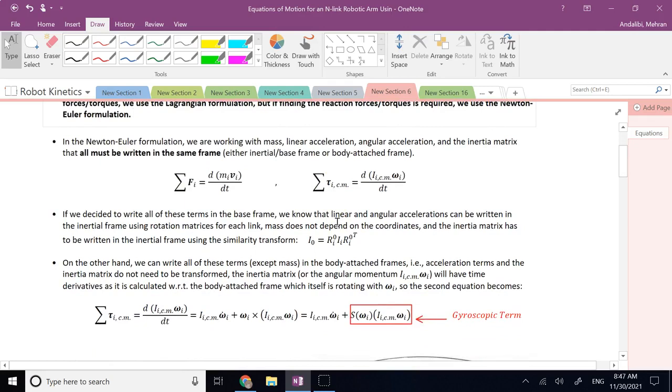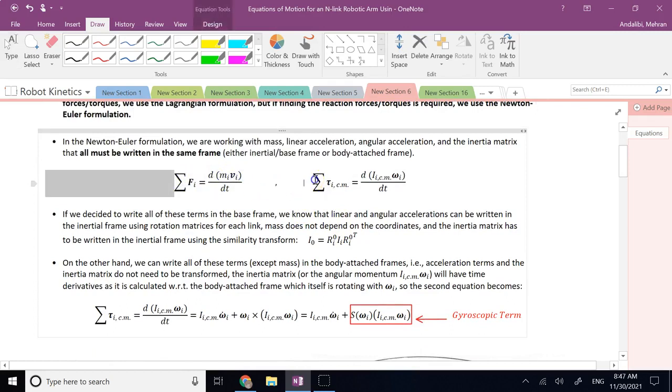And the important thing here is when you write these equations, you describe everything in which coordinate frame, right? Because you know for a robot, you have lots of different coordinate frames.